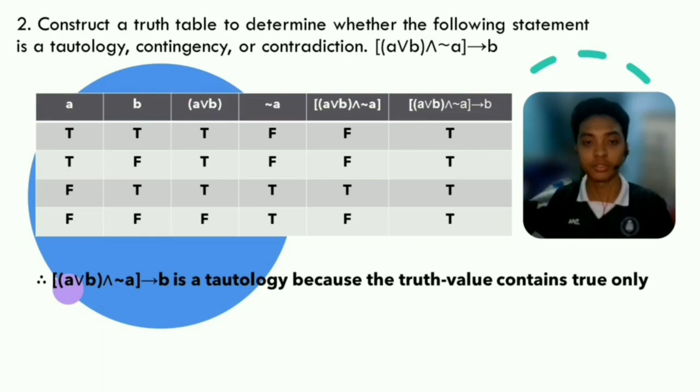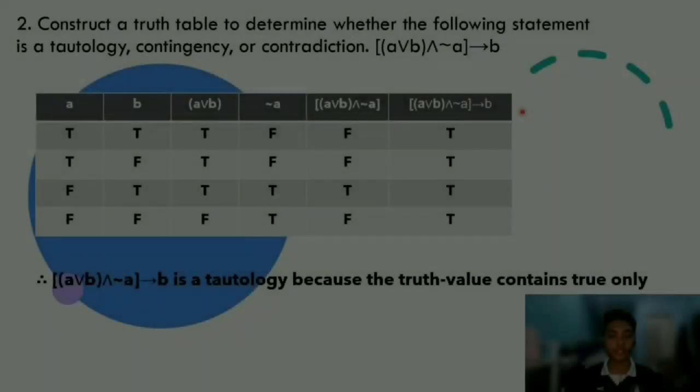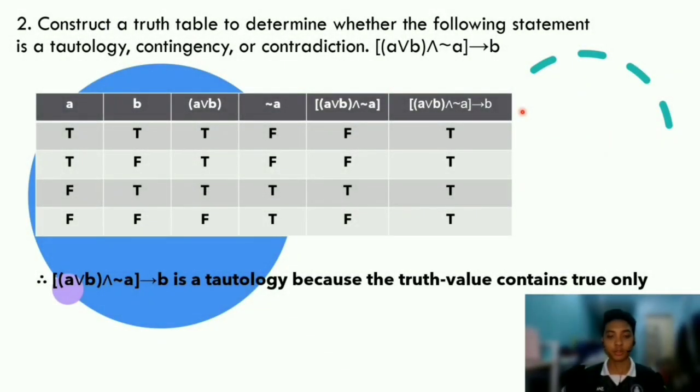The only one that starts with true is here, and if we compare, it is also true. So if it's not true and false, it will become true. Therefore, it is all true, true, true, true. So the statement is a tautology because the truth values contain only true.